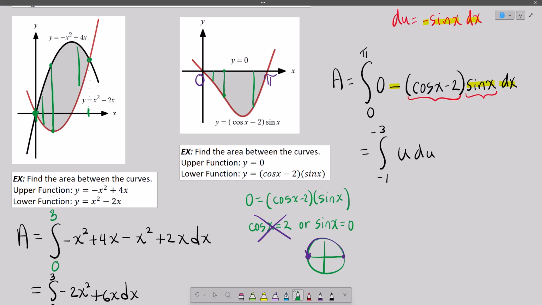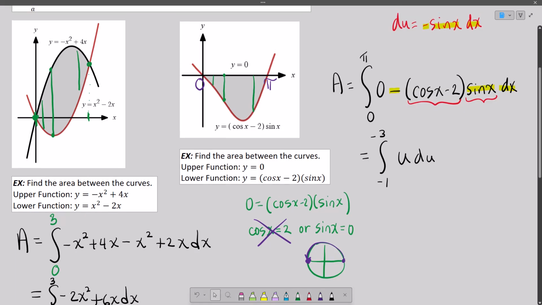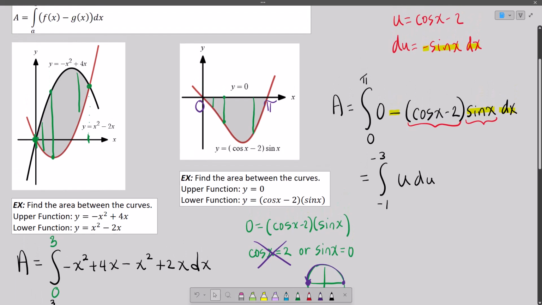We decided to let u be this part, cosine x minus 2. Then we took the derivative and got minus sine x, so the part that's highlighted here is all going to be replaced with du. Could you have done something different? Yes. You could have distributed the sine. That's totally legit.